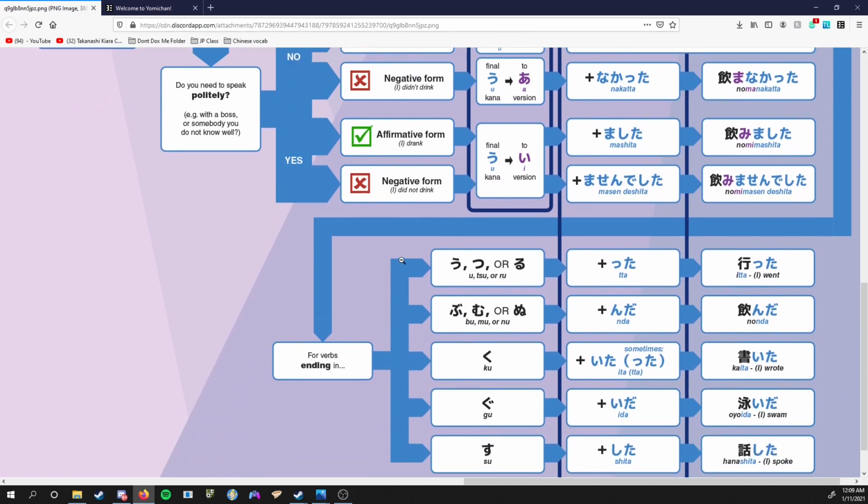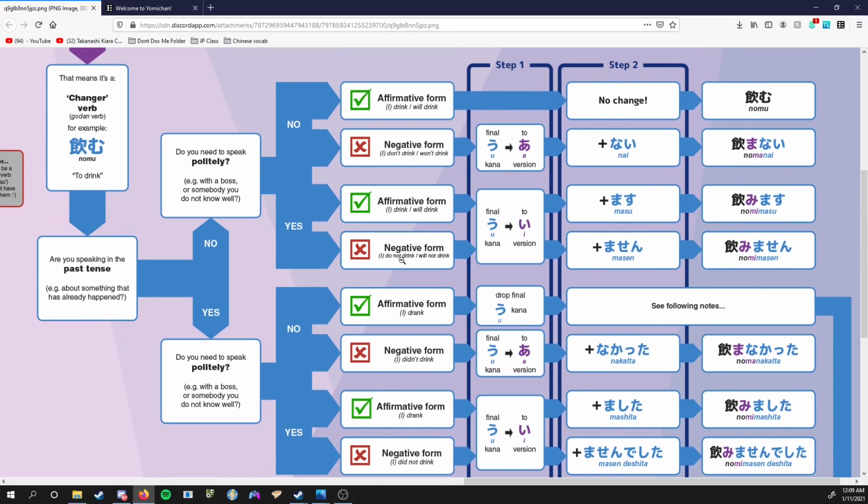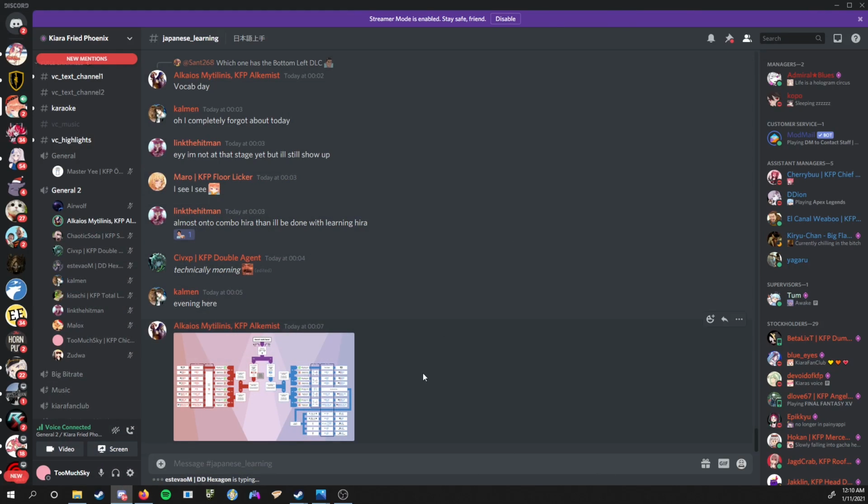I want you to focus in as you're learning your various conjugations. Focus in on that bottom chart, because when we get on into some of the more nuanced conjugations, knowing that chart is going to help you a lot. Because a lot of those conjugations utilize the same vowel transitions.